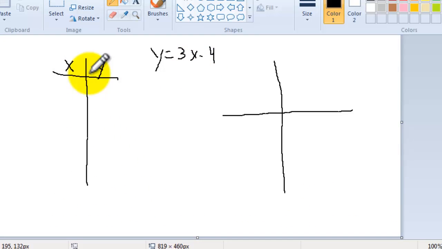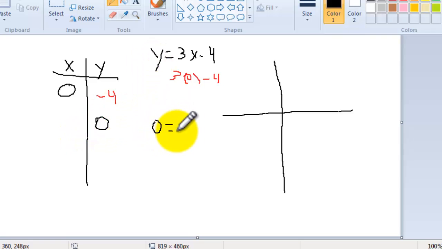We would plug where x is 0, you have the y-intercept, so where x is 0, you have 3 times 0 minus 4, so y equals -4. And where y equals 0, you plug in 0, and we went through this, we get x equal 4/3.